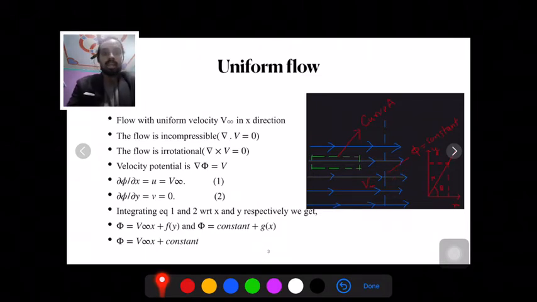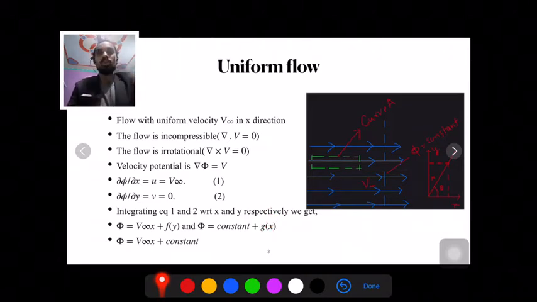Okay, now integrating equation 1 and equation number 2 with respect to x and y respectively, we will get dou phi is equal to v infinity dou x. So if you integrate that, you're basically going to get v infinity times the integration of dou x, which is x, plus a function of y. Similarly, constant, yes, 0, constant plus a function of x.